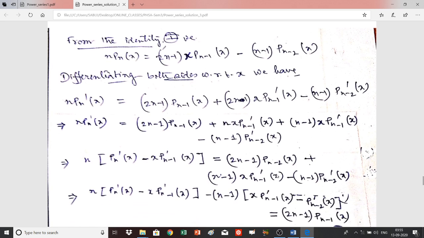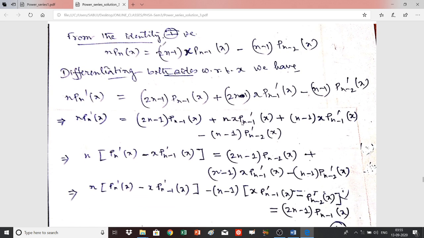Okay, now just take this term here on the left hand side. Here n is a common term, so here will be Pn prime x minus x P(n-1) prime x, that is equal to (2n minus 1) P(n-1) x plus (n minus 1) x P(n-1) prime x minus this term.